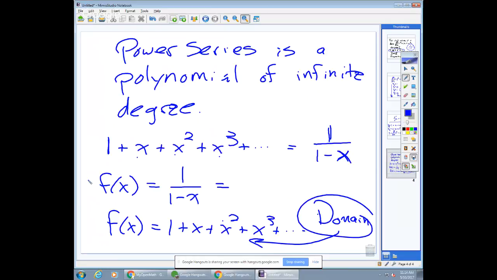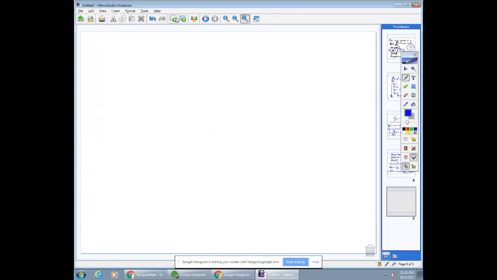Not this one right here, this one right here. Well, earlier you told me this only converges if the base is between -1 and 1. So that's its domain, okay? So the domain of this one is that set of x values right there. You pick one of those x values, we'll get an answer out of it. If you pick some other x value, we're not going to get an answer out of it, okay?